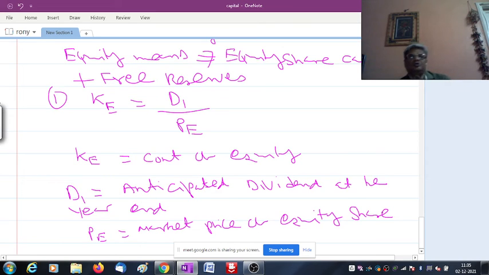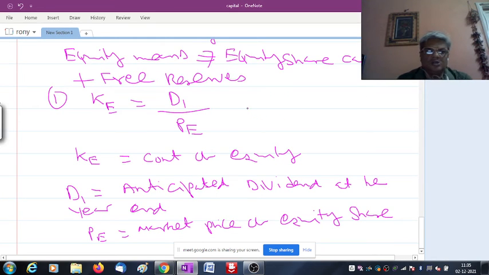Basically, this model says that we will determine the cost of equity, but we will assume no growth in dividend. Dividend will remain constant. Depending on this, we will determine the cost of equity share, and that will be in percentage.